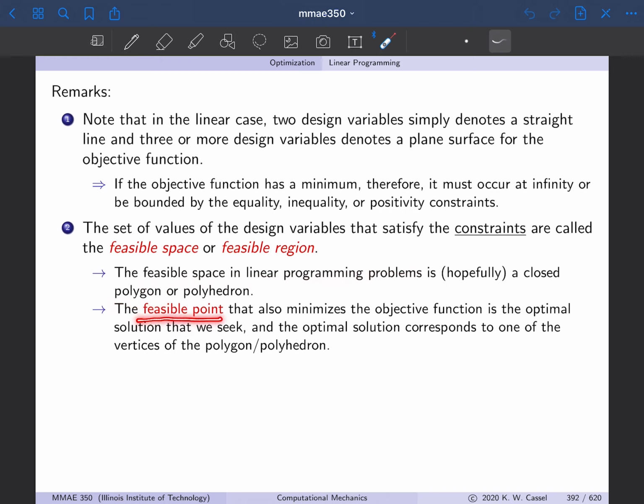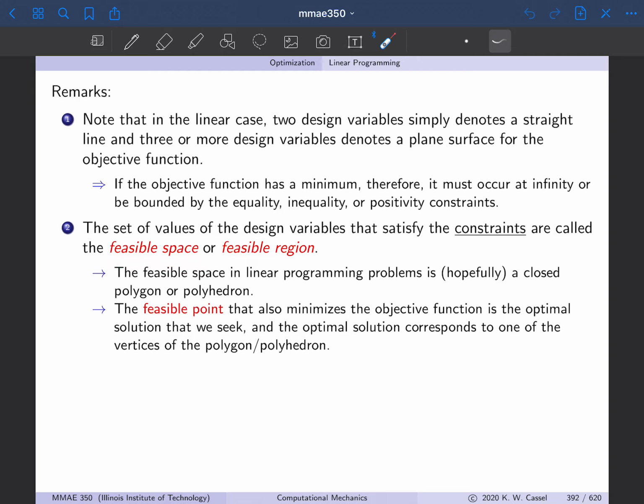Then we have the feasible space, and within the feasible space, there's the feasible point that happens to be the minimum. The feasible space is not considering the objective function at all, just looking at the constraints.